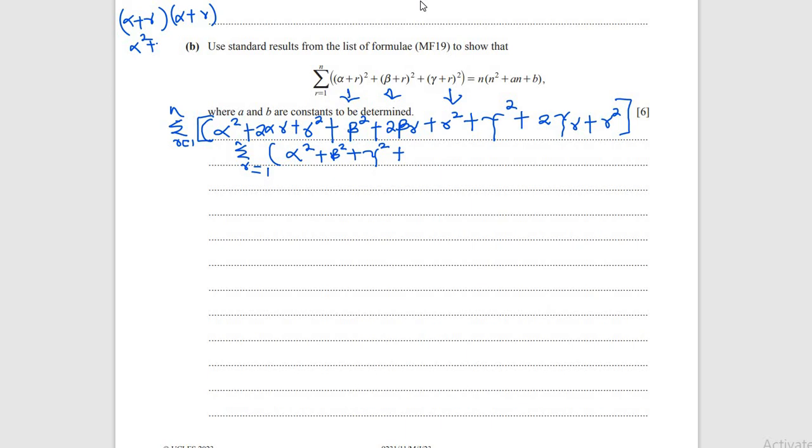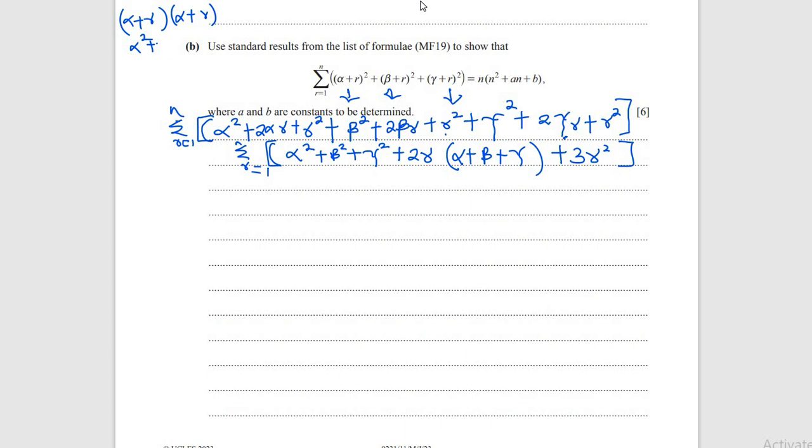And the other ones that look alike are 2 alpha r, 2 beta r, 2 gamma r. The 2 is common there, and also r is common there. So that's 2r times alpha plus beta plus gamma. And the last one is r squared, r squared, r squared. That gives us 3r squared.